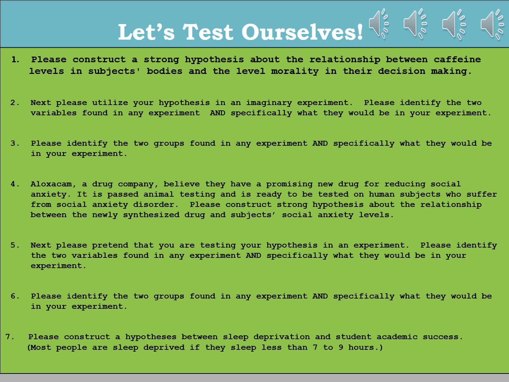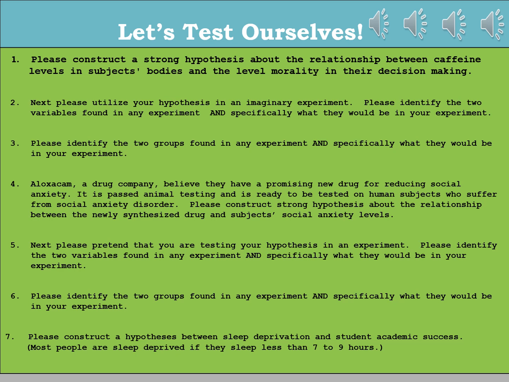Please use the slide to assess your knowledge of hypotheses, groups, and variables. You will need this knowledge for all 4 tests of this particular course. So for number 1, perhaps you hypothesize that high levels of body or brain caffeine would be associated with greater morality in decision making.